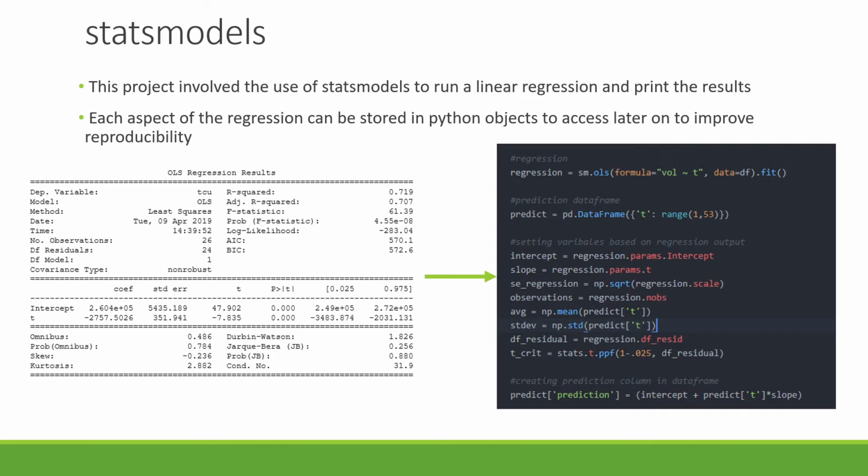Now what I'm doing in this project is what you see on the right, which is running the regression with Python, and instead of just printing out the regression results, I'm storing all those parameters in Python objects, or variables rather, so that they can be reused in the future. So if this regression is ever rerun, I won't have to look at the results and re-hard code anything. They're already stored in variables for future use.